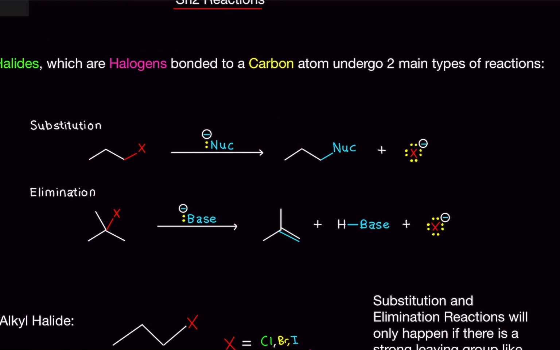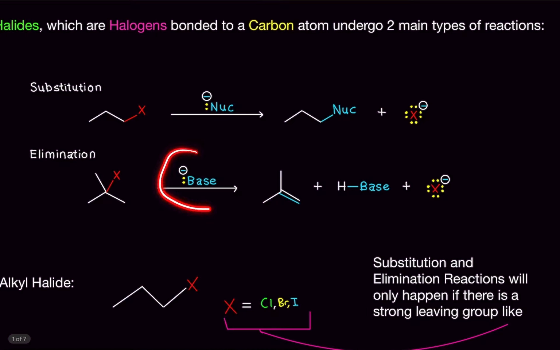So in other words, the halogen as part of the main compound gets substituted with the nucleophile, as you can see here. The halogen has now been replaced by the nucleophile in the original molecule. And then that halogen is now set free. And in an elimination reaction, we basically use a base to eliminate the halogen and replace it with a double bond instead. And then the halogen is set free.